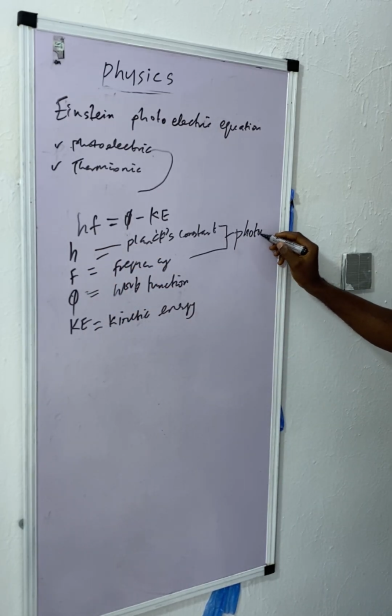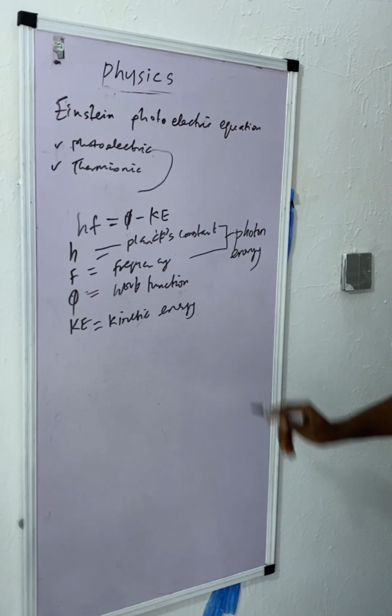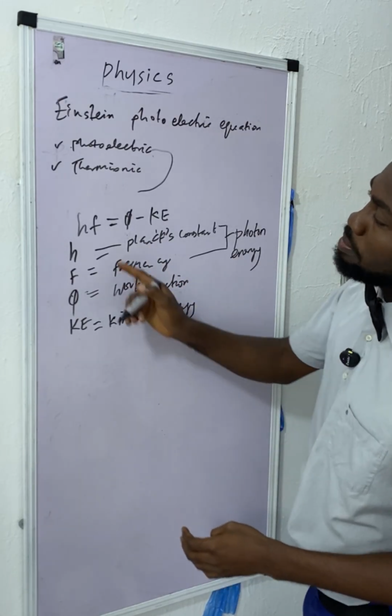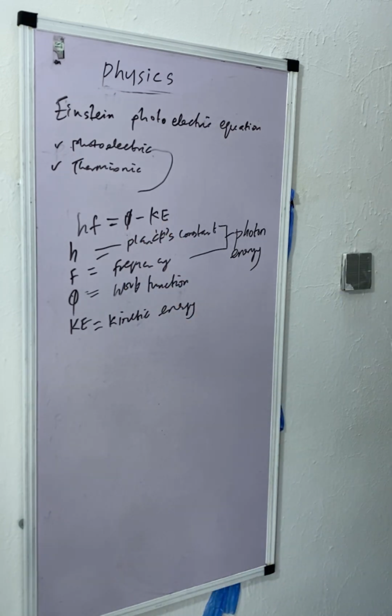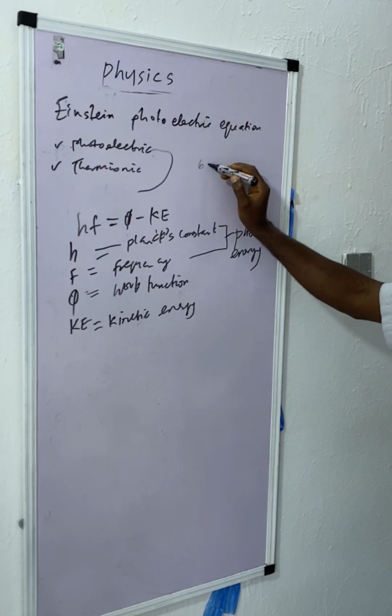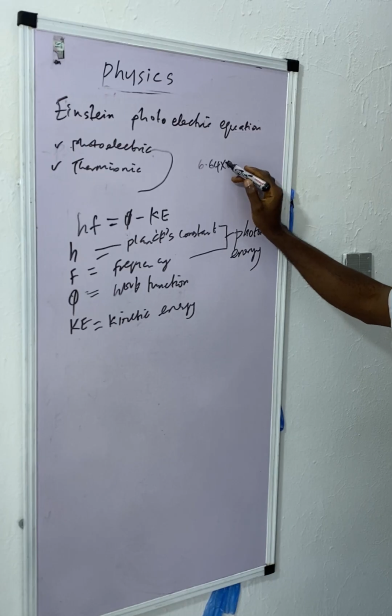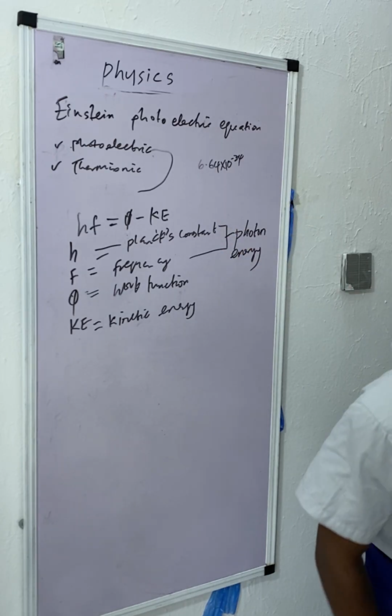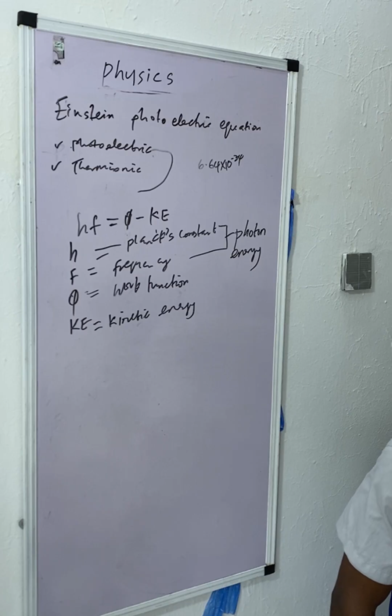Photon energy. All right. So Planck constant times frequency is photon energy. So you can make subject of the formula and solve what you have to solve. So Albert Einstein also has another. What is Planck constant? Is it not 6.64 times 10 raised to power minus 34? Is this not Planck constant? Hope I'm right.